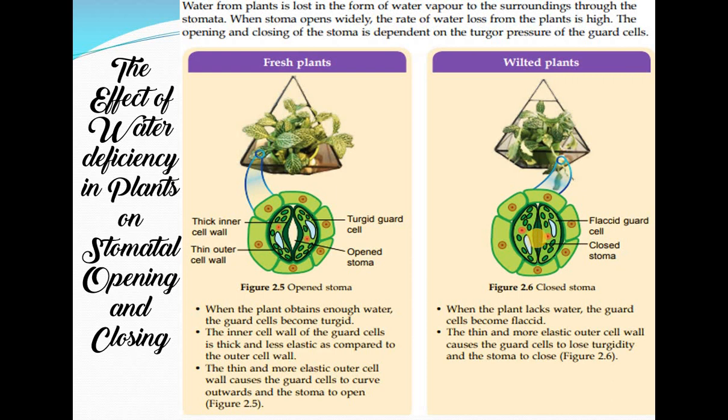This occurs when the plant lacks water. When the plant lacks water, what happens to the guard cell? The guard cell becomes flaccid. So it will cause the outer cell wall to curve inwards, because the outer cell wall is more elastic, so it will curve inwards and close the stoma.